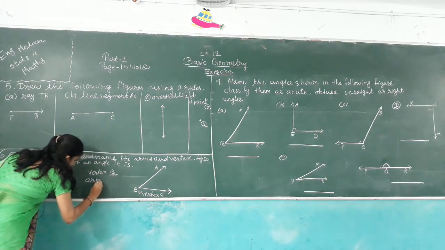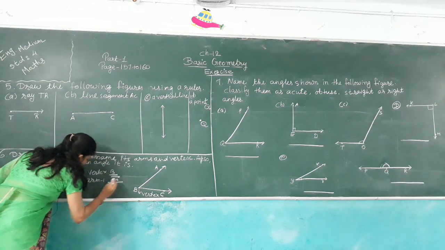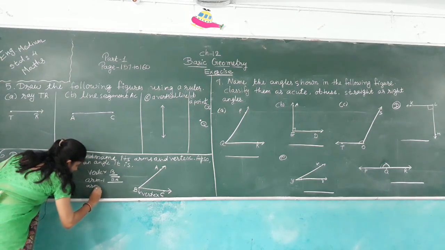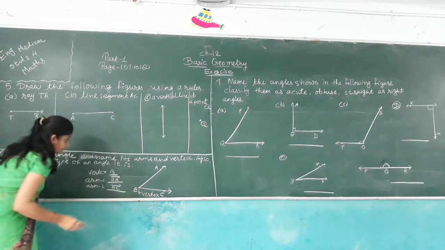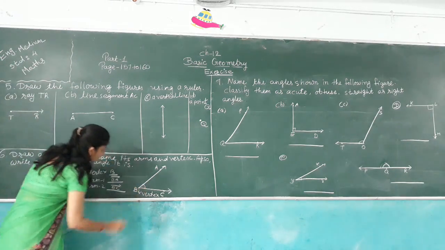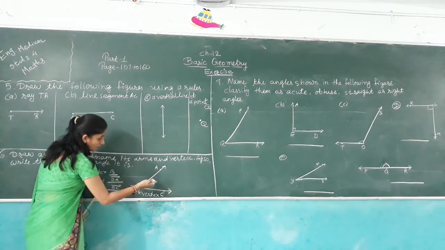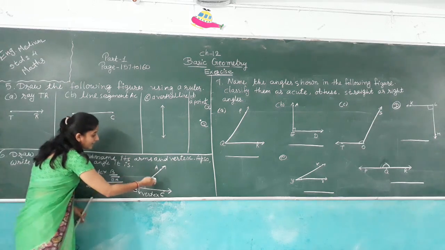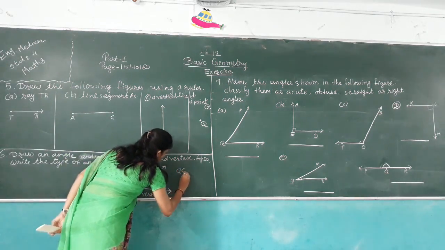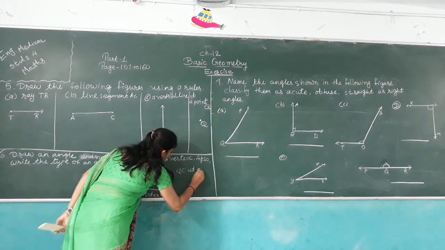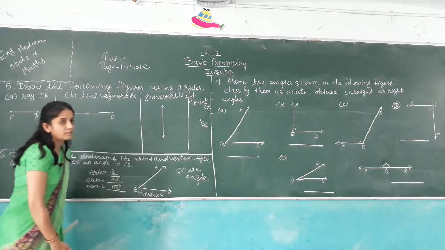Arm 1 is ray BA. Arm 2 is ray BC. Which type of angle did you draw? It is less than a right angle, so this angle is called an acute angle.